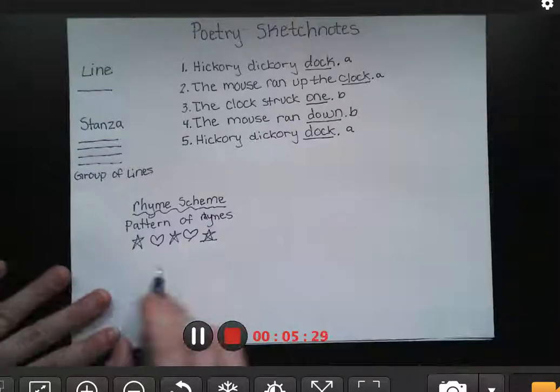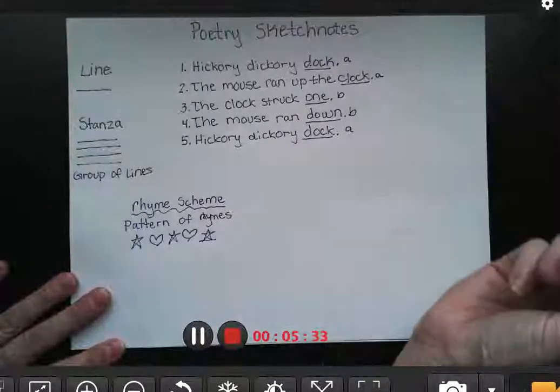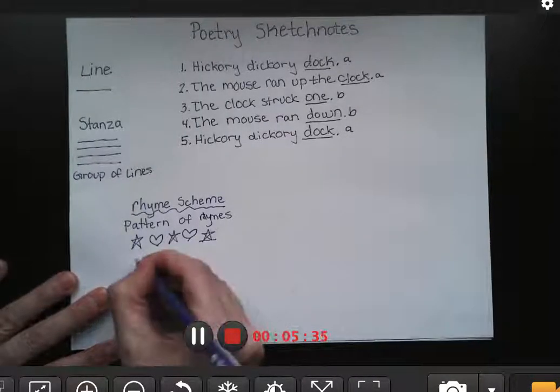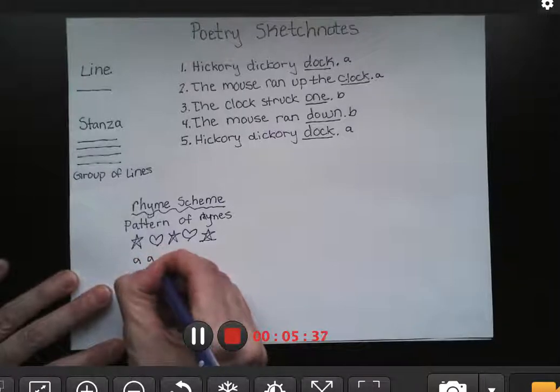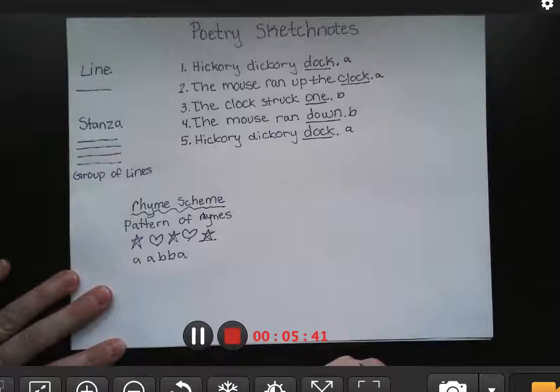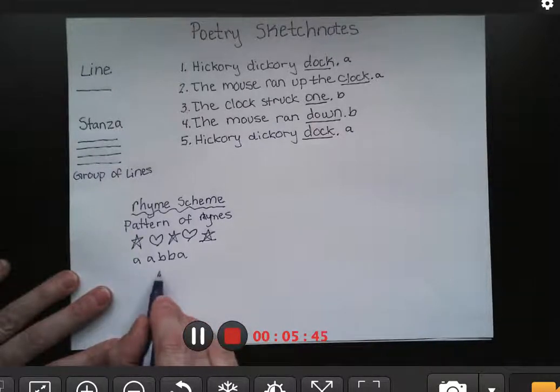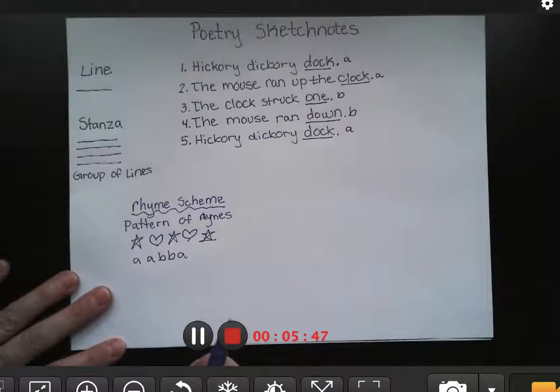But in this case, right now with what we're doing, we know that this rhyme scheme goes A, B, B, A. So if we were to continue, it would be A, B, B, A again. So most poems have the same rhyme pattern throughout the entire poem.